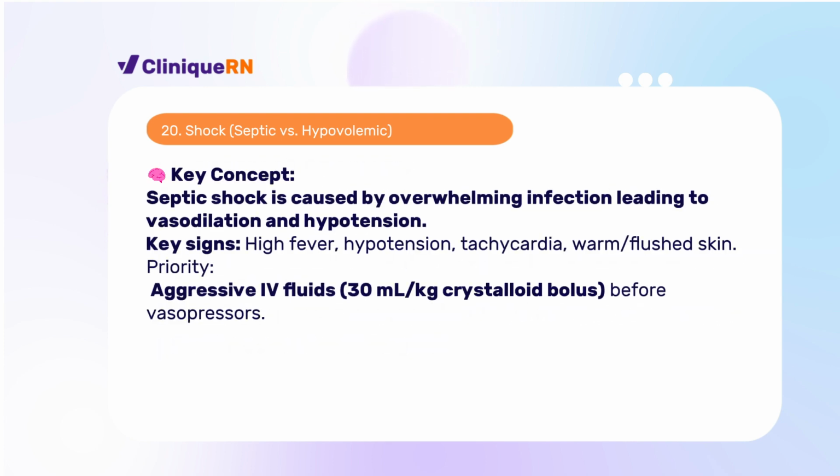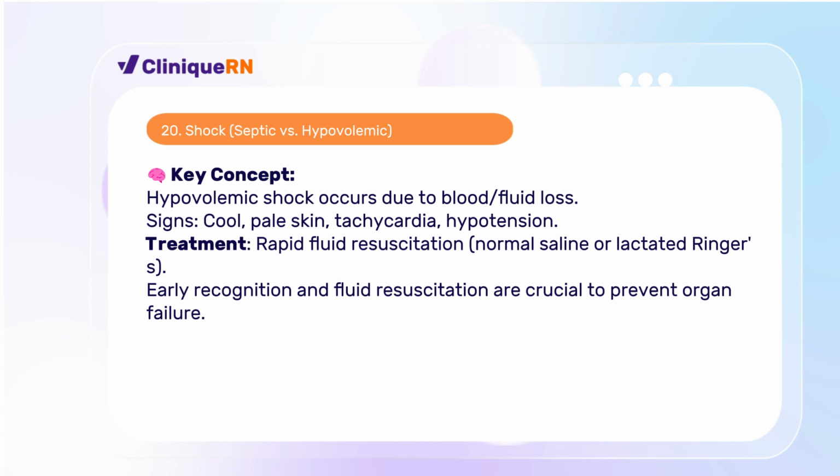Key concept: septic shock is caused by overwhelming infection, leading to vasodilation and hypotension. Key signs: high fever, hypotension, tachycardia, warm, flushed skin. Priority: aggressive IV fluids, a 30 milliliters per kilogram crystalloid bolus, before vasopressors.